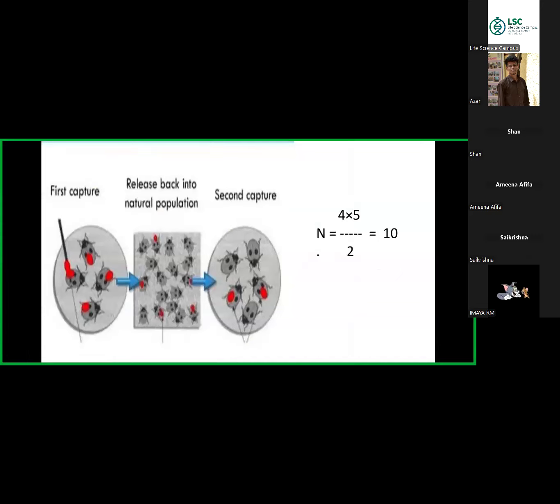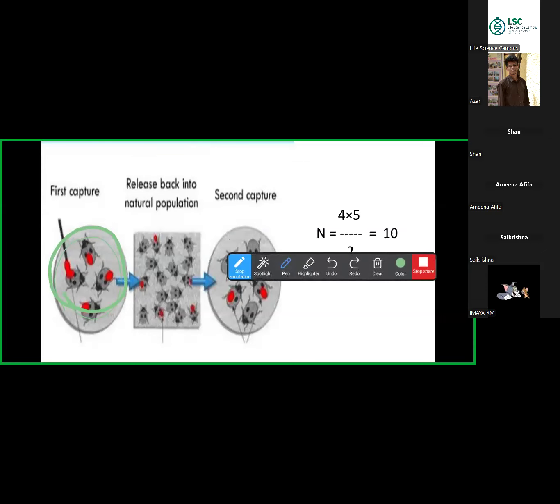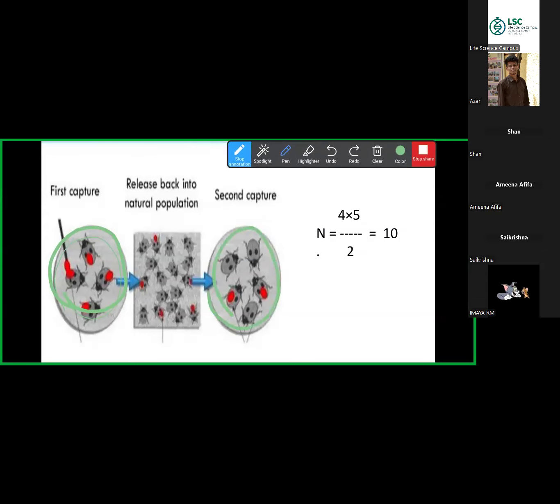So in this case, it is beetles. We can see that in the first capture, there are 4 beetles. In the second capture, there are 5 individuals.